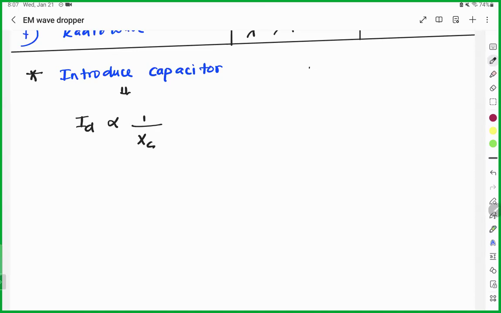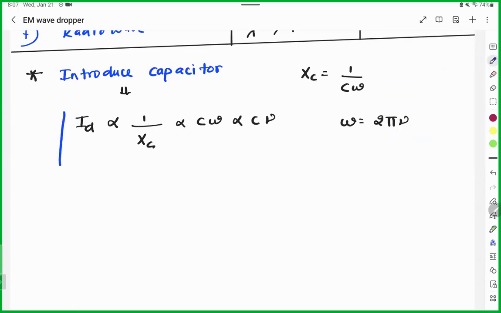And we know X_C is equal to 1 by C omega. Correct? So can we say it will be directly proportional like this? And you know omega is equal to 2 pi nu, frequency. So it directly depends upon the capacitance and frequency nu.